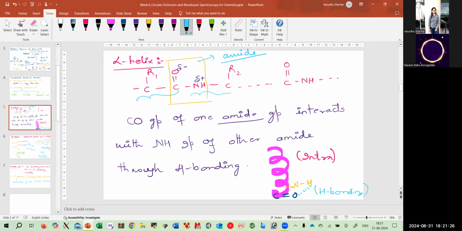So when we have one CO group, if you consider this particular structure of protein, one CO group having the negative charge density can attract or interact with the proton of the NH of the second amino acid. If it is happening in the similar chain, one single chain, that is intra chain, it is working as hydrogen bonding interactions, that would give you an alpha helix structure. So nothing is working in between the two chains.